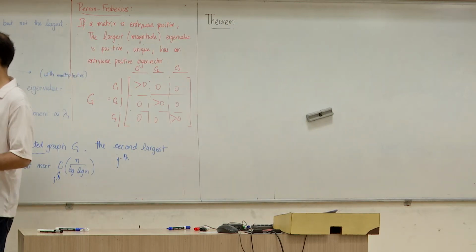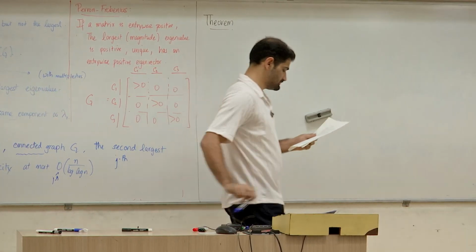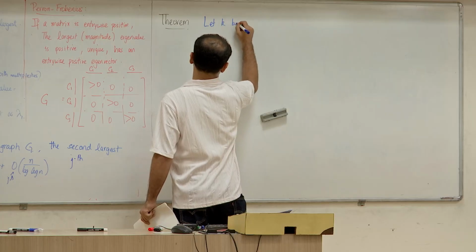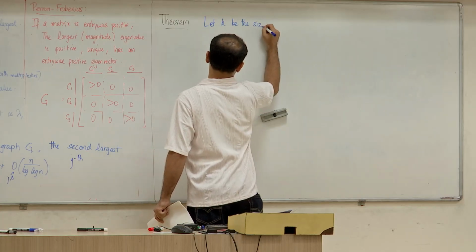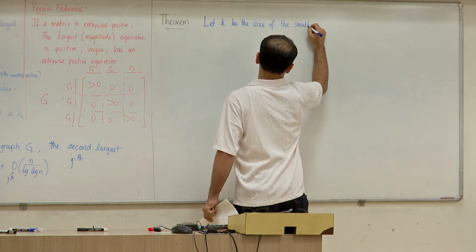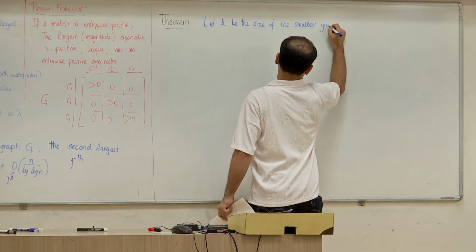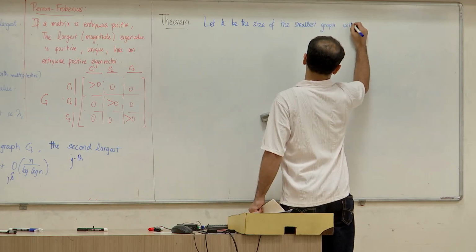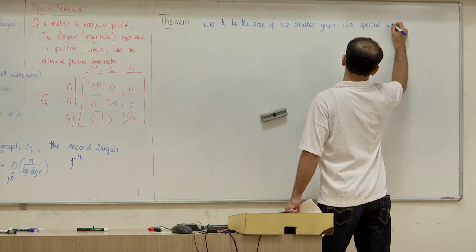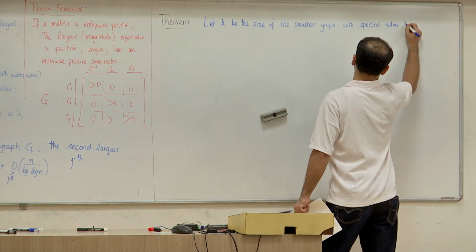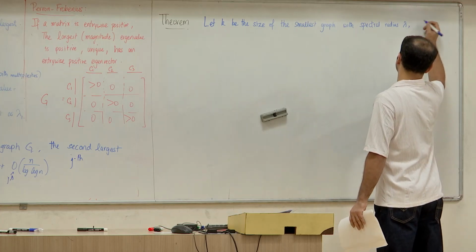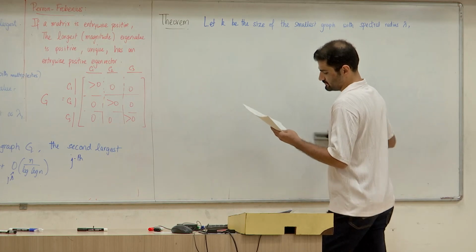This is the question, and the answer is: let k be the size of the smallest graph with spectral radius lambda, and k equal to infinity otherwise.